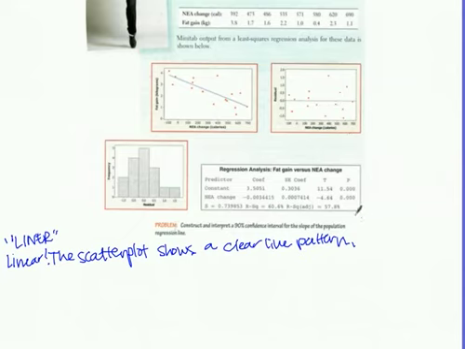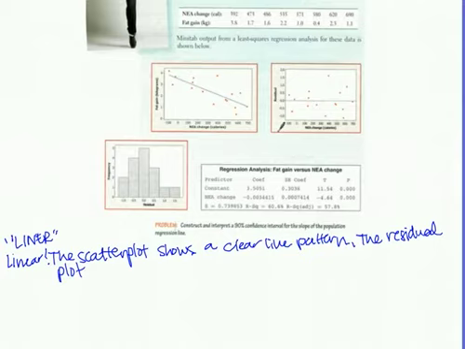We also have to look at the residual plot. So when we look at the residual plot, we can see that that is our residual equals 0 line, and we can see that all of our points are randomly scattered about that residual equals 0 line.